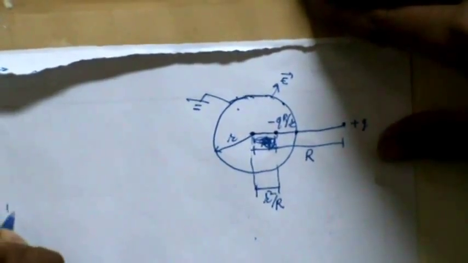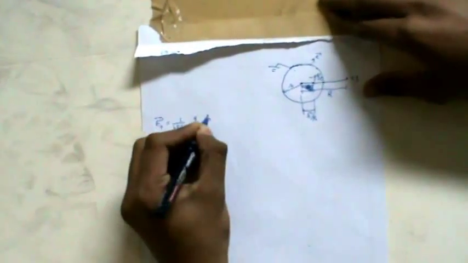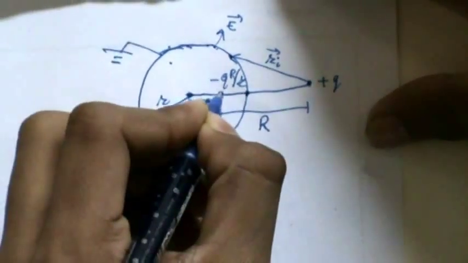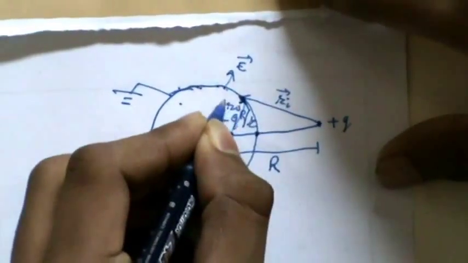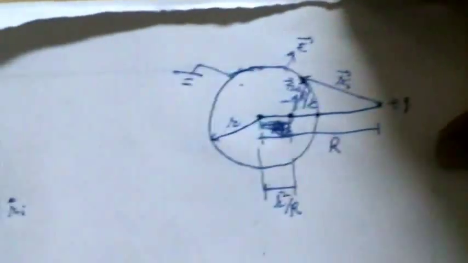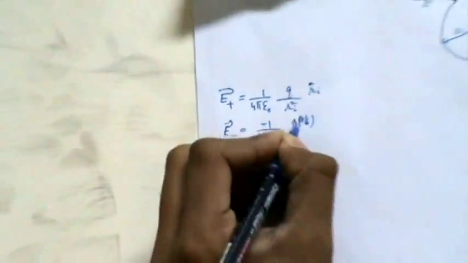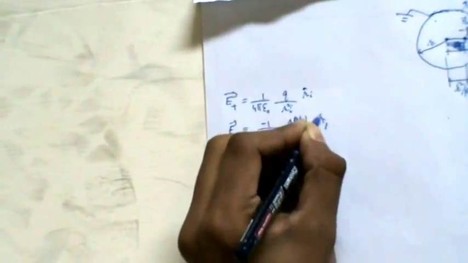E due to the positive charge will be 1 by 4 pi epsilon naught, q by r_i square r_i cap, where r_i is the vector from this charge to this point. And let us say the vector joining the imaginary charge to this point is r_j, so E due to the negative charge is 1 by 4 pi epsilon naught, minus q into R by a, divided by r_j square, r_j cap. Note the minus and R by a here.